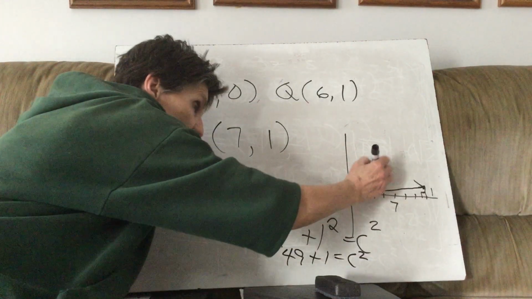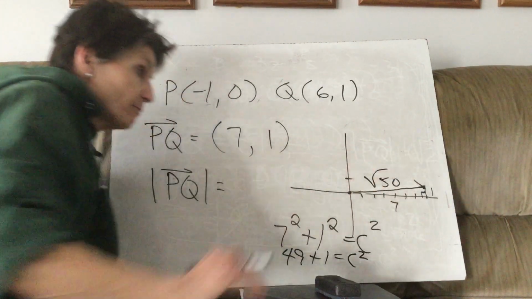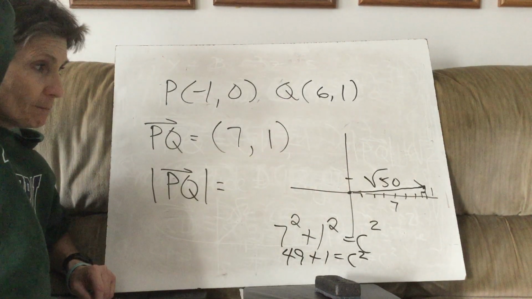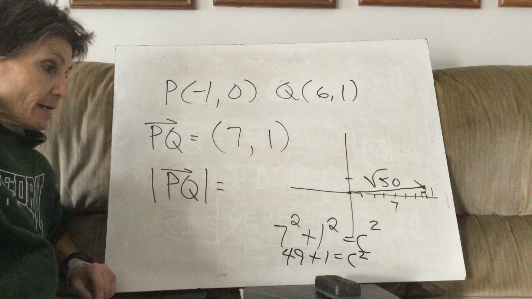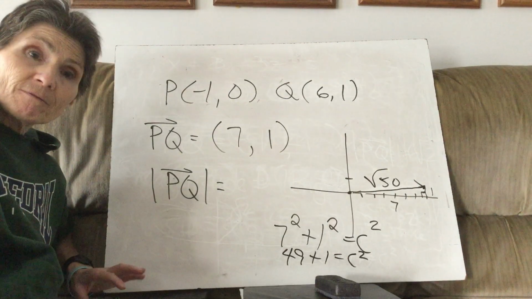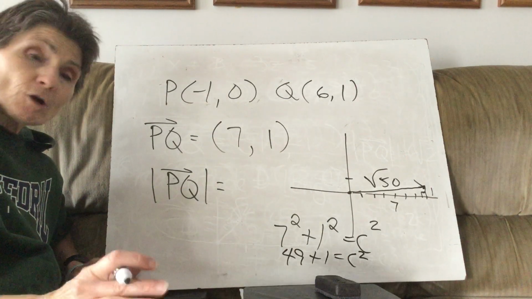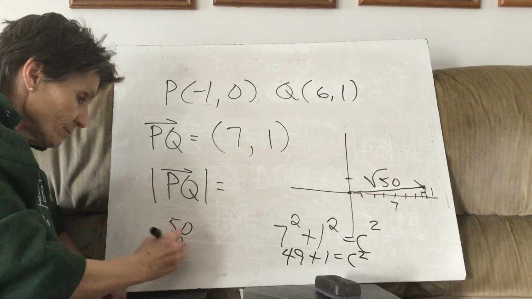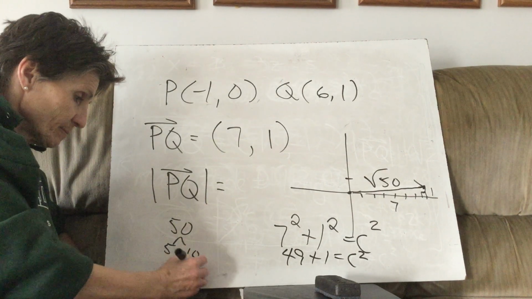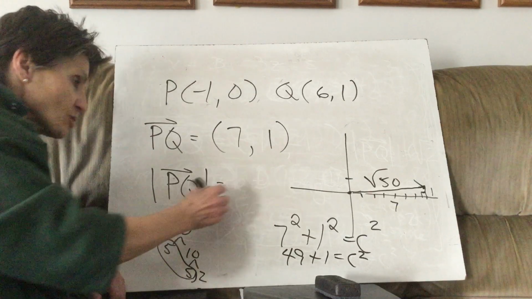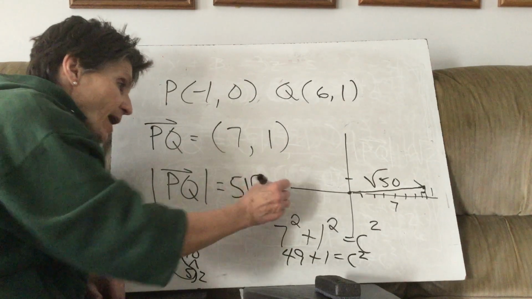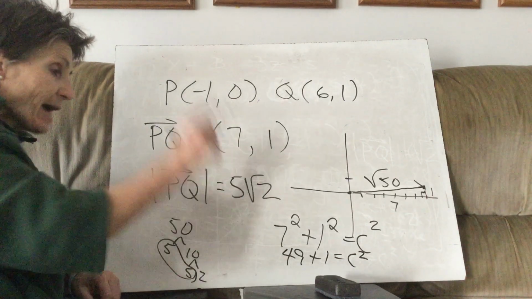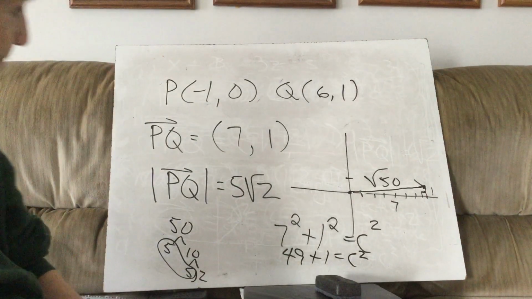So that length is going to be the square root of 50. 49 plus 1, Pythagorean Theorem. Now, the square root of 50 breaks down, right? So instead of saying the square root of 50, we'll say 5 square roots of 2. And that is the magnitude of the vector.